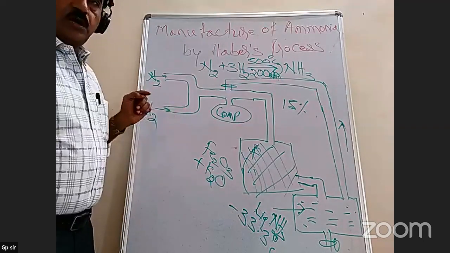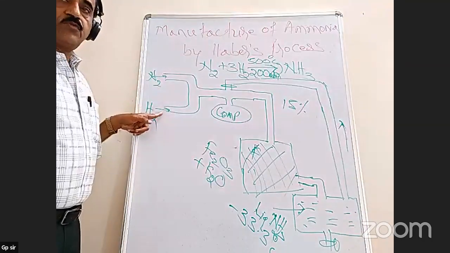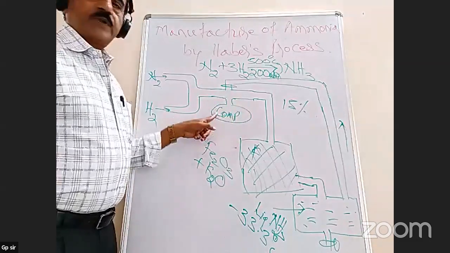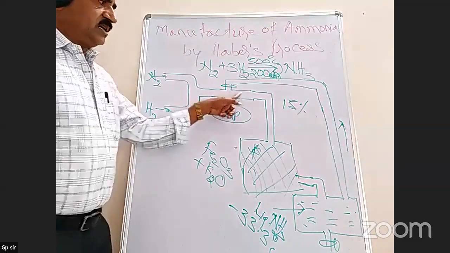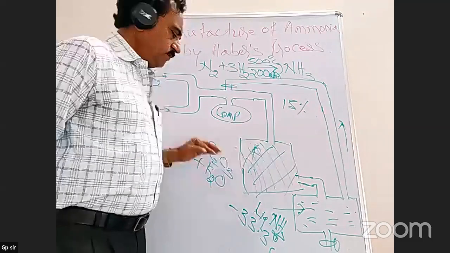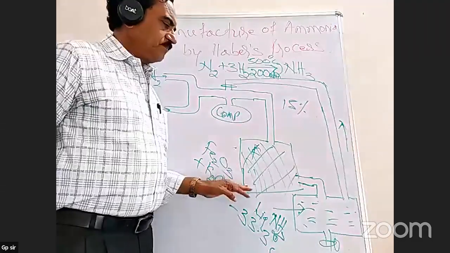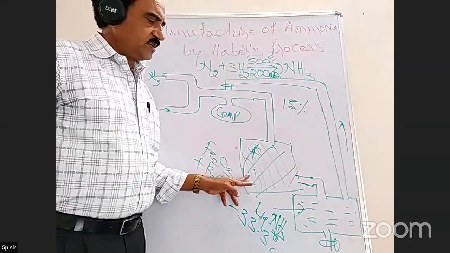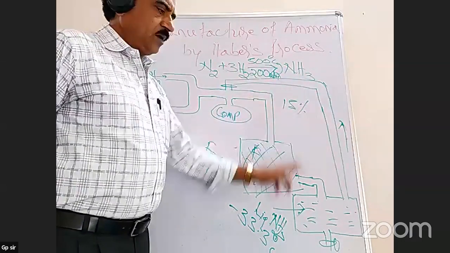A mixture of pure nitrogen and hydrogen in the ratio of 1:3 by volume is passed through a compressor at 200 atmospheric pressure, and then passed into a catalyst chamber consisting of iron oxide, potassium oxide or aluminum oxide, where the temperature is about 500 degrees Celsius. 15% of the reactants are converted into ammonia.